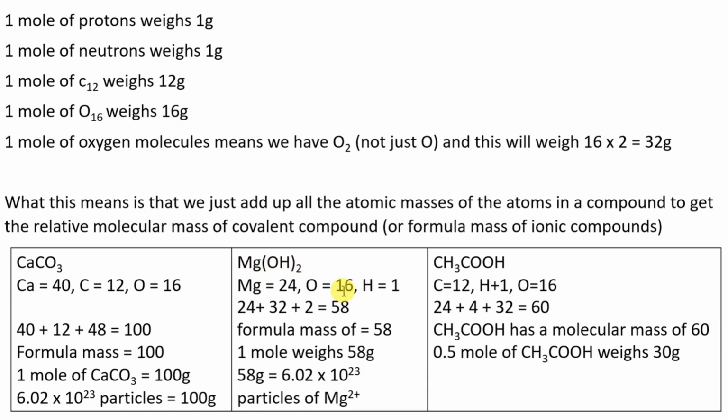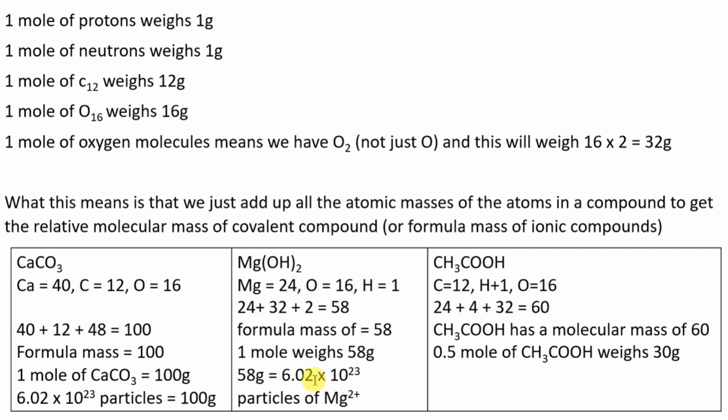As does Mg(OH)2. Mg is 24, oxygen 16, hydrogen 1. But I've got 2 oxygens and 2 hydrogens. Adding everything up gives me 58. Formula mass of 58. 1 mole of Mg(OH)2 weighs 58 grams.